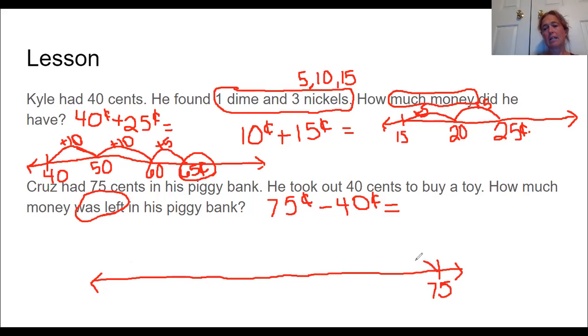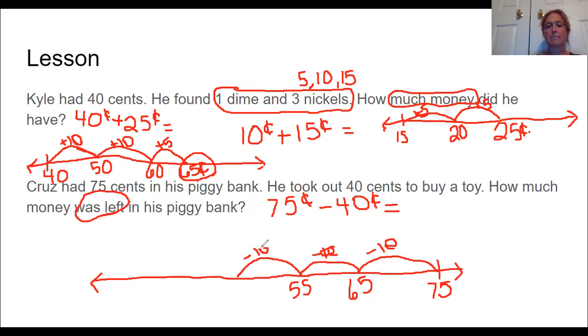So I'm going to subtract 10, which takes me to 65. Then I'm going to subtract another 10, which takes me to 55. I've only subtracted 20 cents, so I have to keep going.